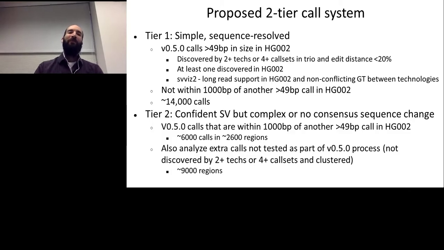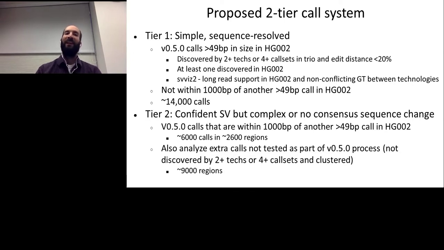Moving forward beyond the version 0.5 call set, one of the things we realized as the Genome in a Bottle community tried to compare to these version 0.5 calls is that it would probably be useful to work on a two-tiered system of calls, where the tier 1 calls would be simple calls that are isolated, where we've been able to sequence resolve them.